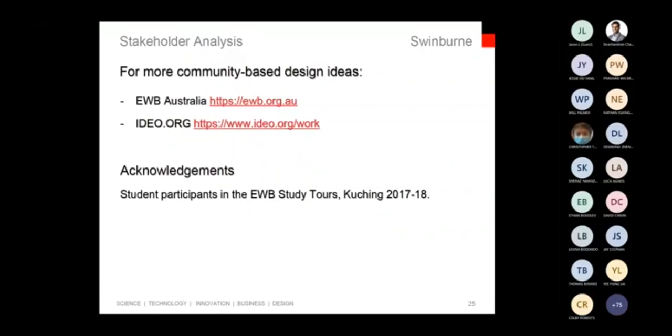So you can go through and see different varieties. Their work covers a lot of disciplines, so not just engineering and IT, but social projects and psychological projects. You can see a broader range of community-based work that's been done there.